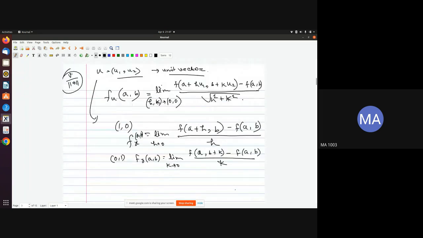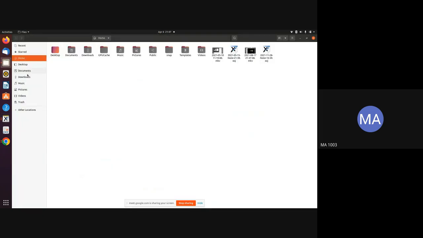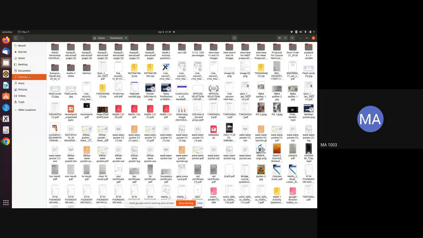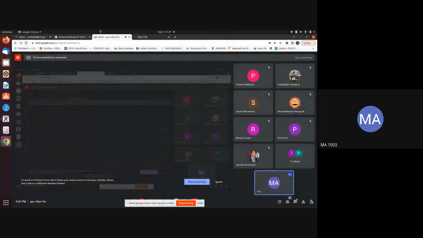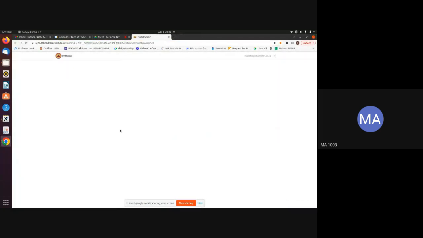If you want to revise this, you just go to the solve with us assignment. I think everything is written there. Let me open solve with us. If you see the solve with us assignment, it is in week 9.